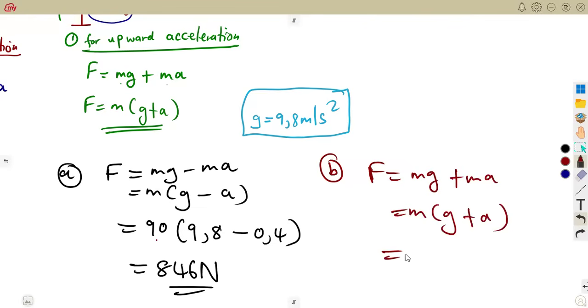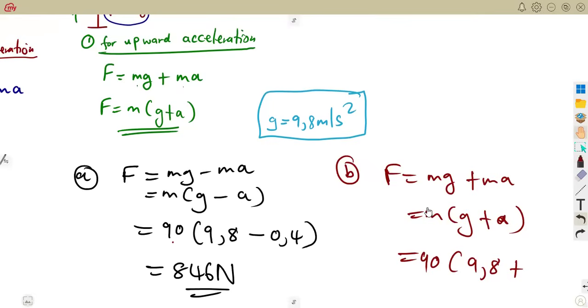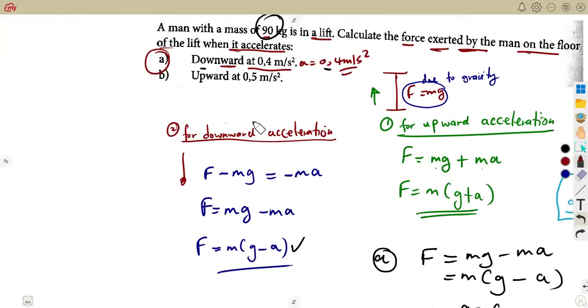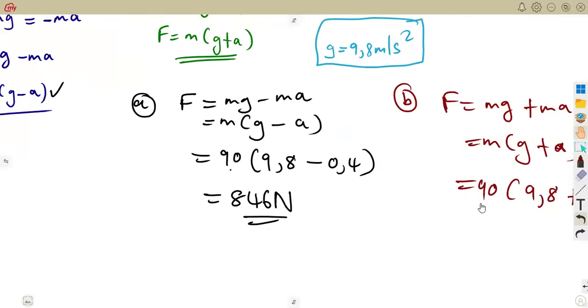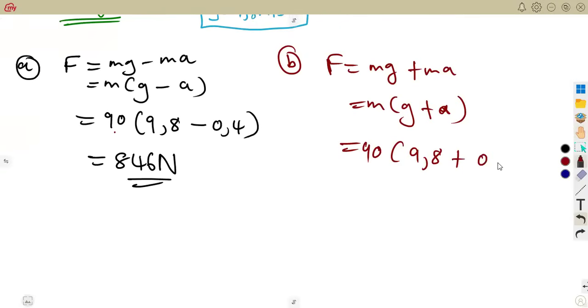The m as it is, the g as it is, only that we are going to add our acceleration, we are given another acceleration here of 0.5 meters per square second. So you're going to use that one that we are given this time. That is the only condition there. Quickly, we are going to have this as 927 newtons. So this is what you're going to have.